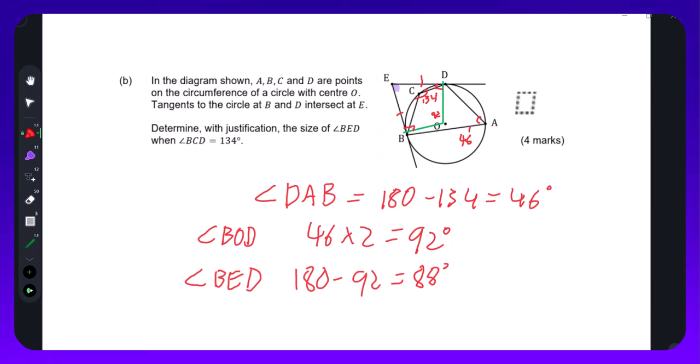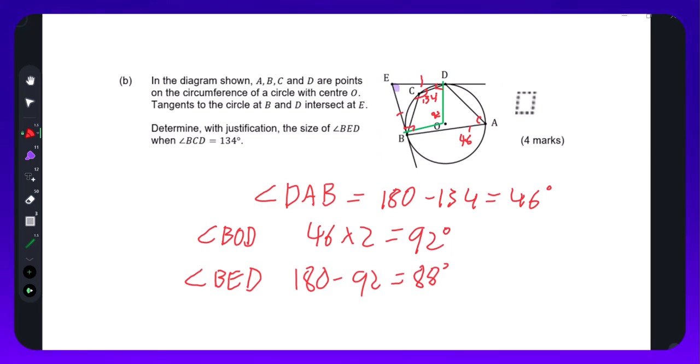So just in summary, all we did is figure out that because we'd already been given 134 and it's a cyclic quadrilateral, angle A is going to be supplementary to that, so it ends up being 180 take 134 to get us our 46. The angle at the center is double that at the circumference, so that doubles 46 to make 92.